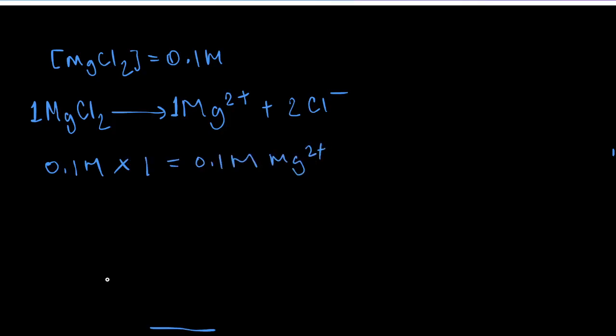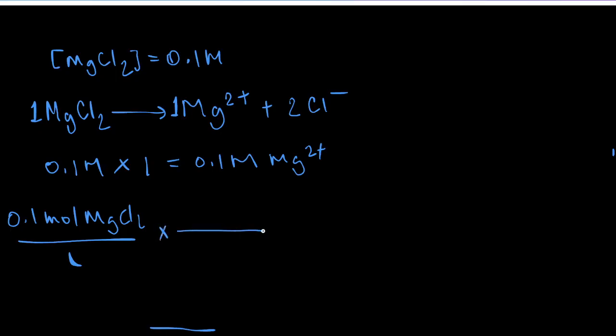But just for the sake of clarity, I can write it out stoichiometrically for this problem. As you can see, it is very simple as long as you know this dissociation expression. So, writing it out stoichiometrically, we have 0.1 moles of MgCl2 per liter. Remember, this is the same thing as our concentration in molarity.